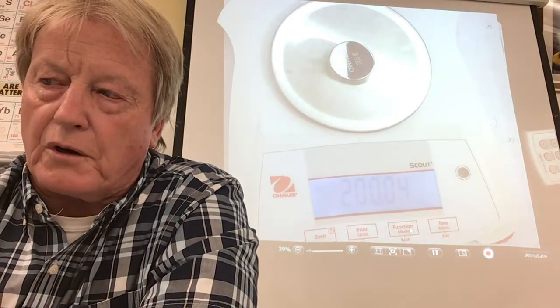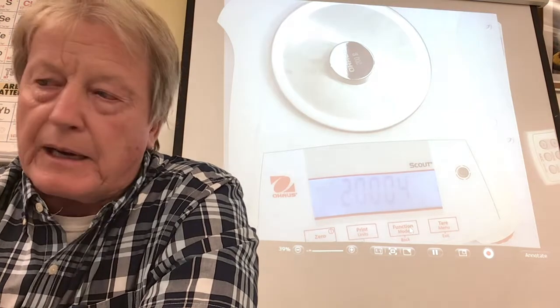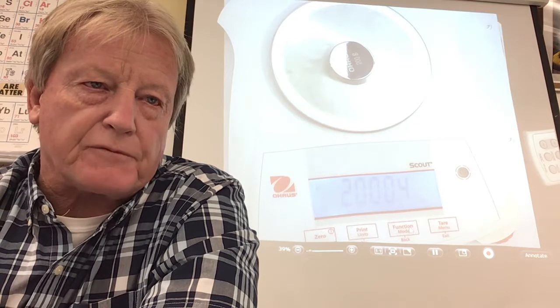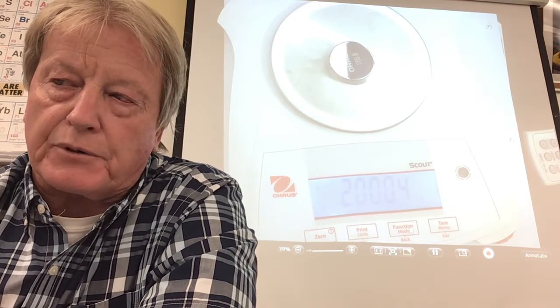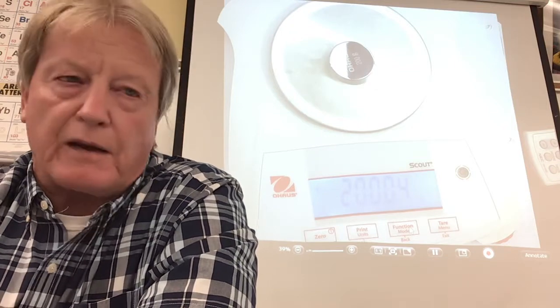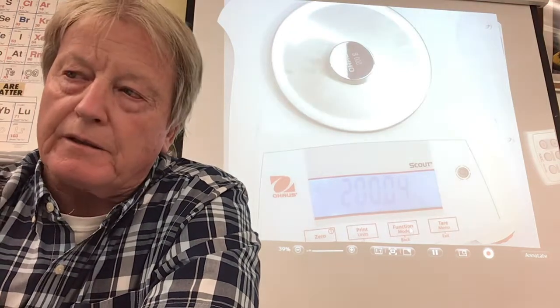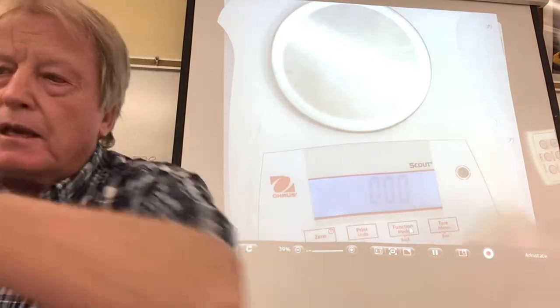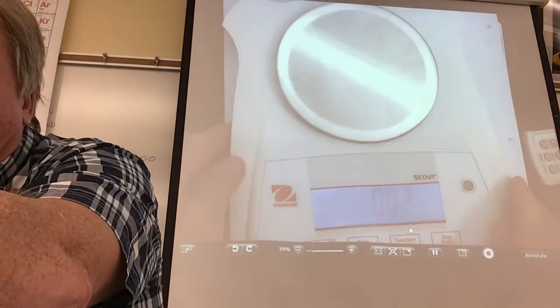Now right now it's reading 200.004, but if you use your little mathematics, if I'm off by 0.04 of a gram out of 200, the percent error is less than 1,000th of a percent, and I won't be able to even measure that. So this is within the realm of us using the balance. Okay, so that's the instrumentation as far as the balance.